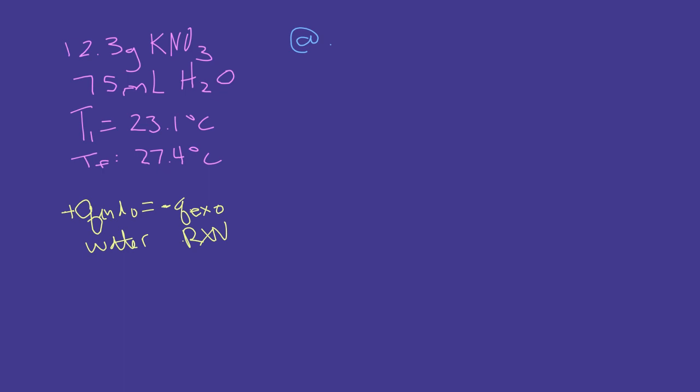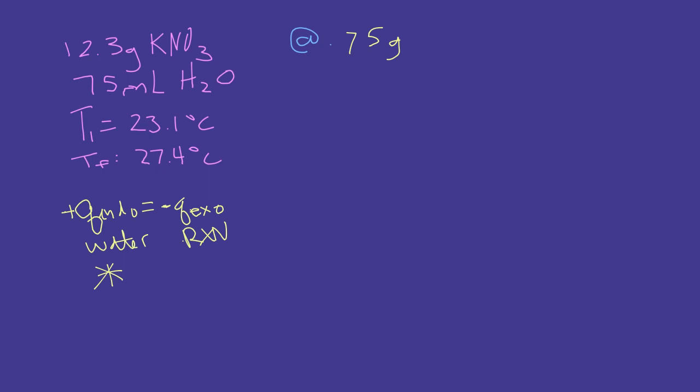Okay, so if we look here, A says, what's the total mass of the solution? Well, if we're going to calculate mcΔT for the water, because the one that we can solve is the water, we can plug it in for mcΔT. We need a mass, we need a C, and we need a ΔT. So we can't just say it's 75 grams because we have 75 grams of water.